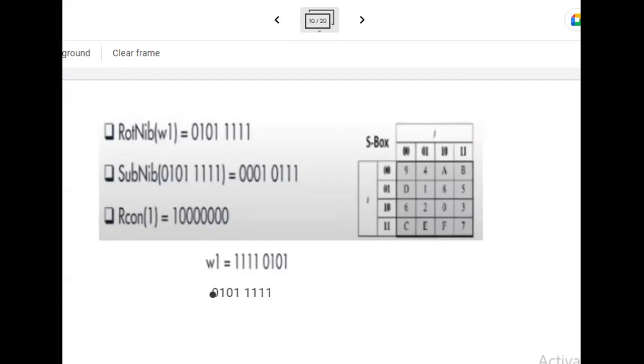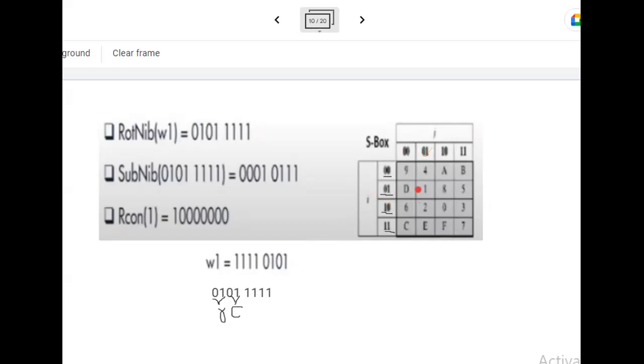So you have to consider the value 0 0 0 1 1 0 1 1. So here 0101: this first 2 bits will be the row and this last 2 bits will be the column. Right. So 01 and 01.